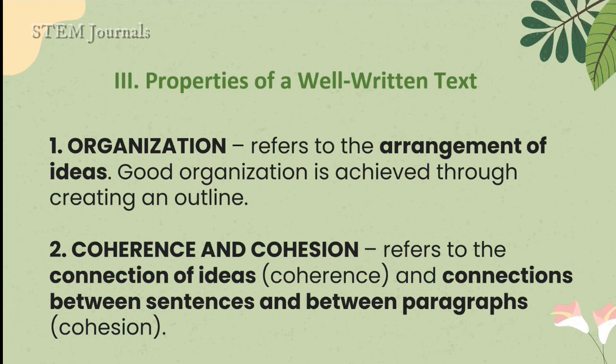So, number 1 property of a well-written text is organization that refers to the arrangement of ideas. Okay? Ano ba yung dapat na mauna? Pwede kasi gumamit ka ng logical, which is yung typical na ginagamit ng mga writers, typical na pagkakaintindi ng lahat sa atin. Okay?